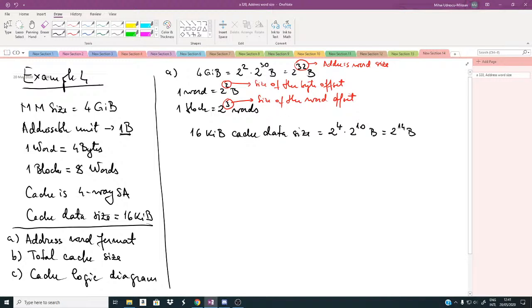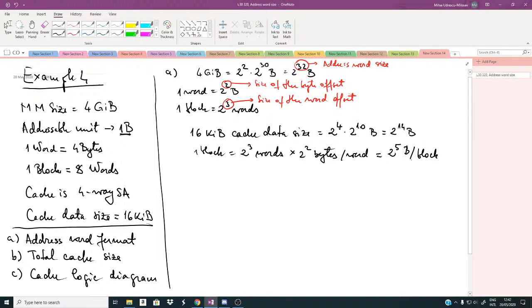Well, one block has 2 to the power 3 words multiplied by 2 to the power 2 bytes per word, right? So in total, I have 2 to the power 5 bytes per block.